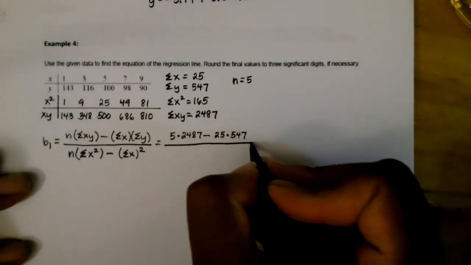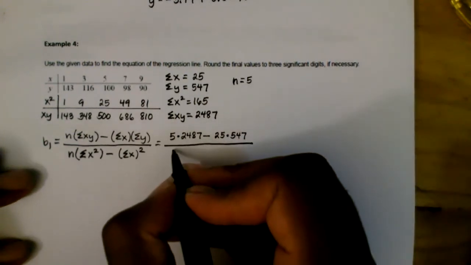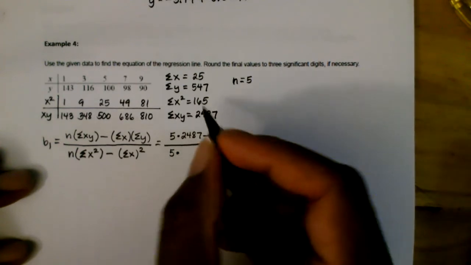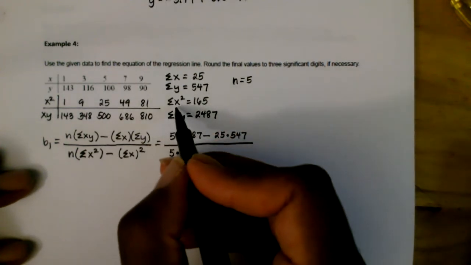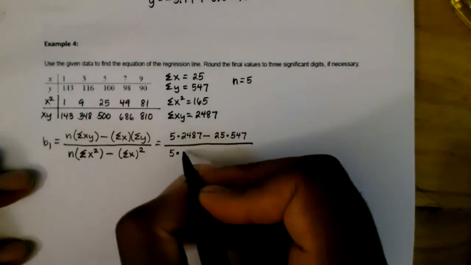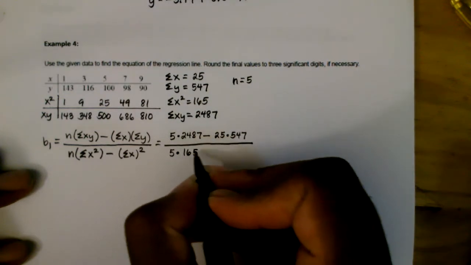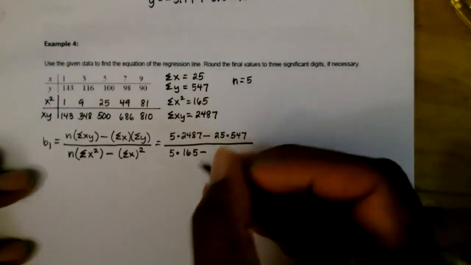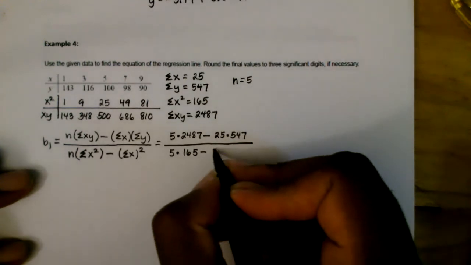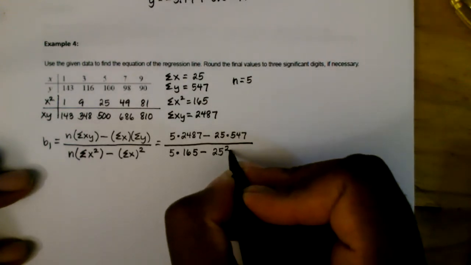And that whole thing will be divided by n, again that's 5, times the sum of the x squared, that's 165, minus the sum of the x, that's 25, and that 25 has to be squared.